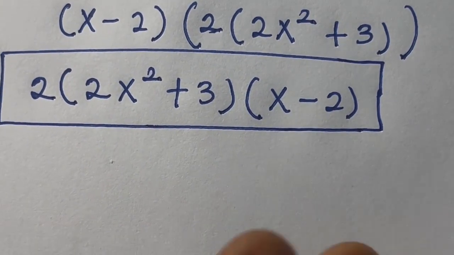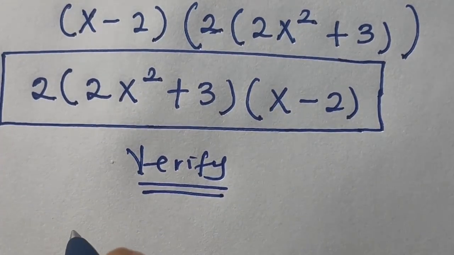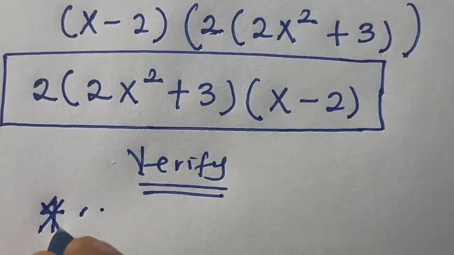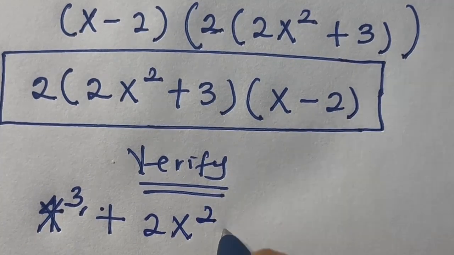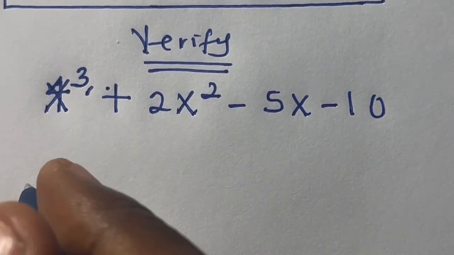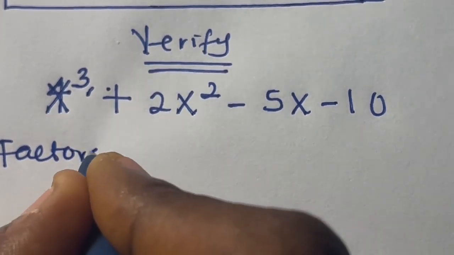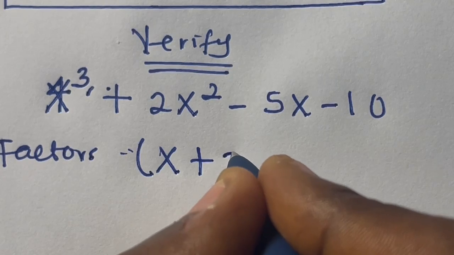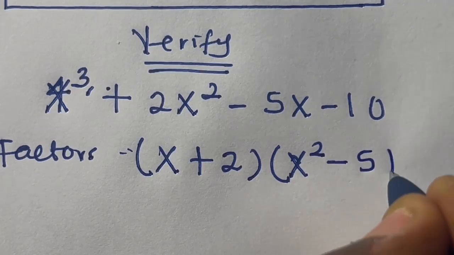But in case we want to verify, let's verify with the first one. Our given polynomial is x cubed plus 2x squared minus 5x minus 10, and we got our factors to be x plus 2, then x squared minus 5.